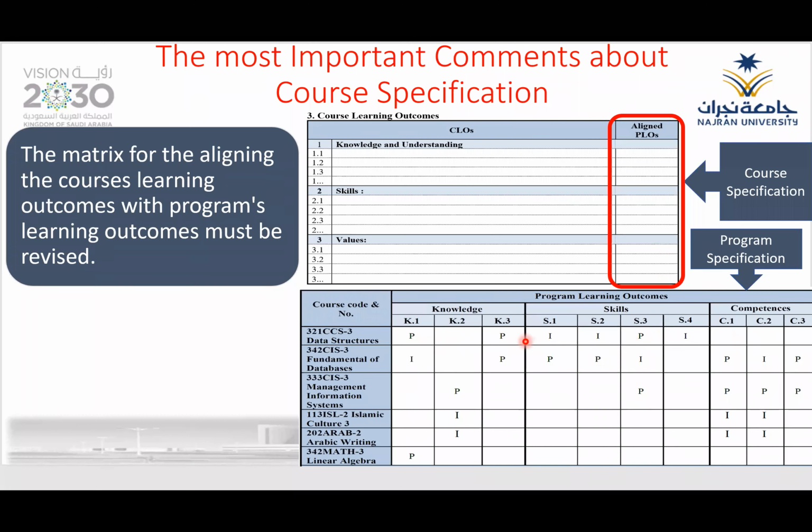So this is very critical, and when the reviewers review, for sure they look at the program specification, they look at that part, and they see whether this is aligned correctly according to the matrix written here. So please, when we are reviewing this or creating our course syllabus, we have to make sure the alignment is exactly as mentioned in the program specification.